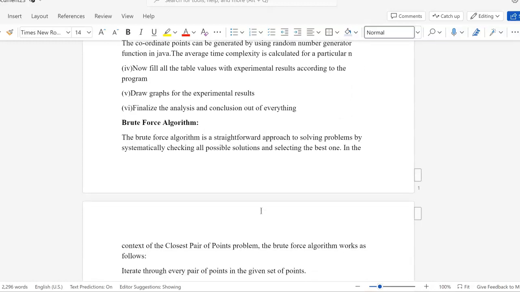The brute force algorithm always calculates the worst case runtime complexity. It is nothing but tracing the problem right from the start to the end without any optimization of the code. For example, we are given a set of points in a coordinate plane.